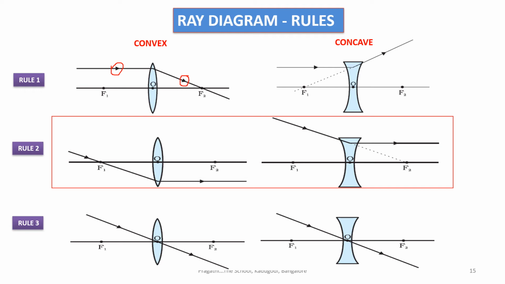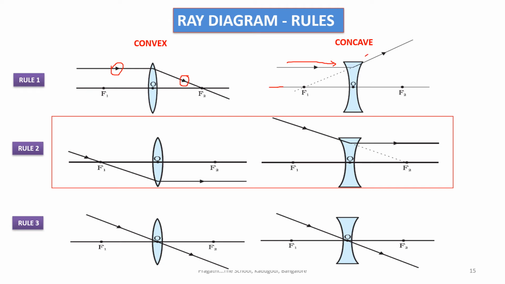In concave, what is happening? Whenever the light ray is passing parallel to the principal axis, this line is the principal axis line, it diverges.